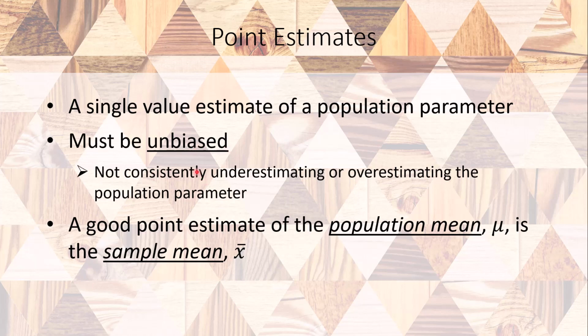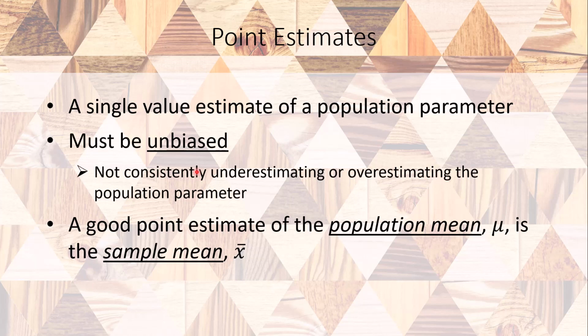What does that mean? It means it should not consistently overestimate or underestimate the population parameter, the population mean. On the average, the estimator should be equal to the population mean.